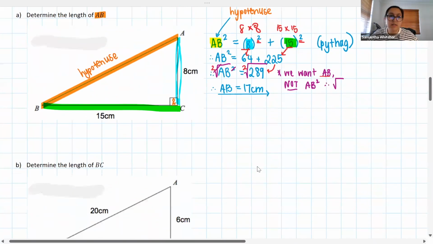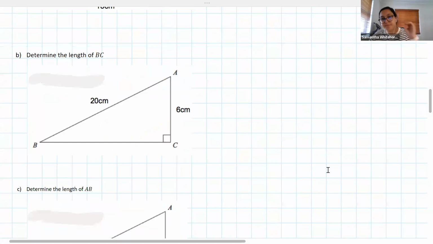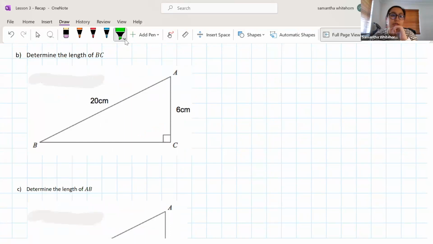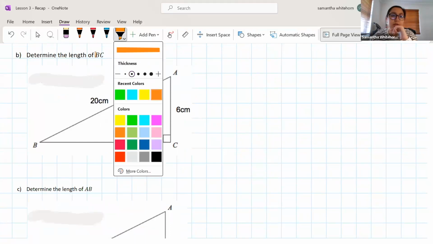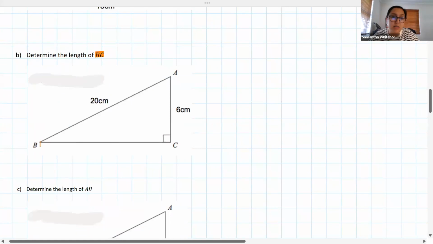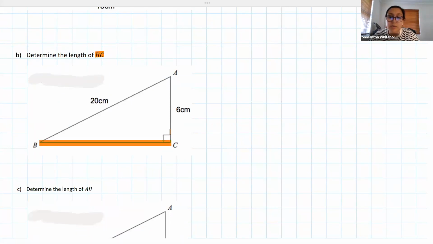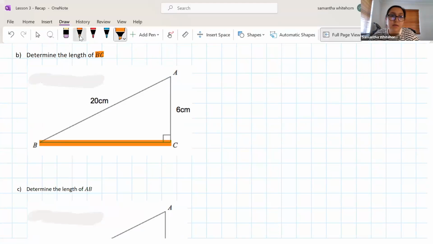All right, guys, so let's have a look at our second one. In this question, we've been asked to determine the length of BC. So remember, first thing we do is we just figure out where is BC in our diagram. We see it's this length down at the bottom here. The next thing that we do is we figure out where our hypotenuse is.